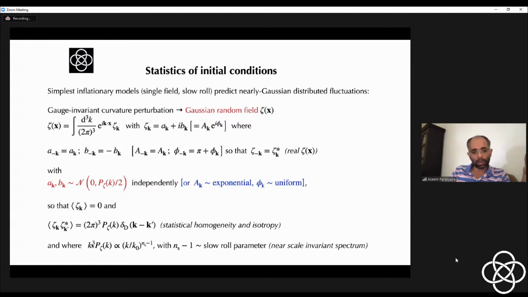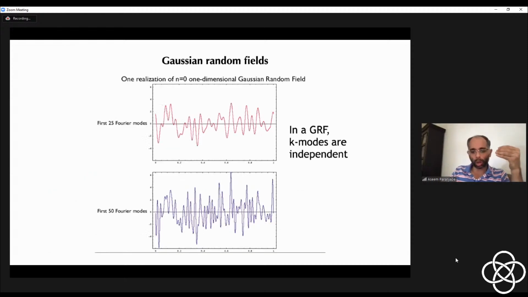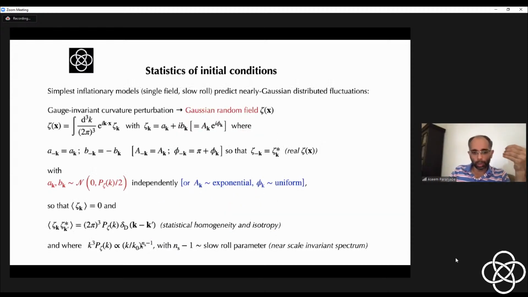And this particular function, k cubed p zeta, is predicted to have a form which is almost independent of k. It is almost a constant. And the way this is usually parameterized is in terms of this number ns, whose value is close to 1. Okay, so this ns minus 1 is a number pretty close to 0 in these single field slow roll inflation models. And the nice thing is that observationally today we have constrained this number, and it is in fact pretty close to 1.